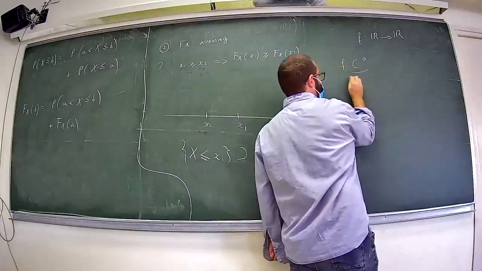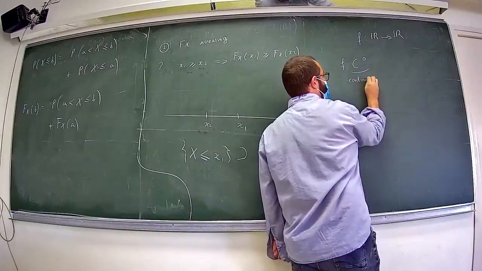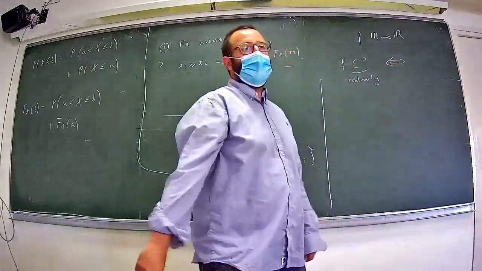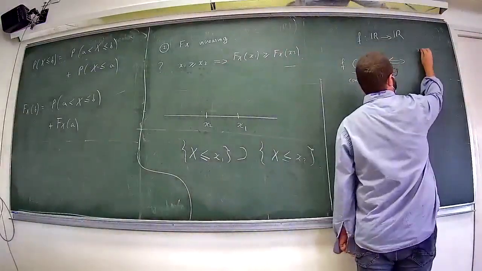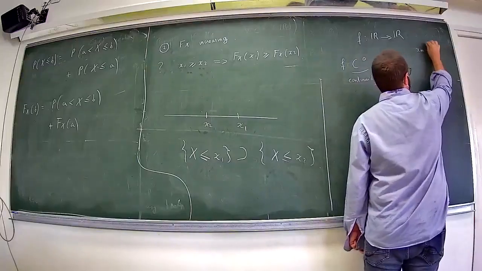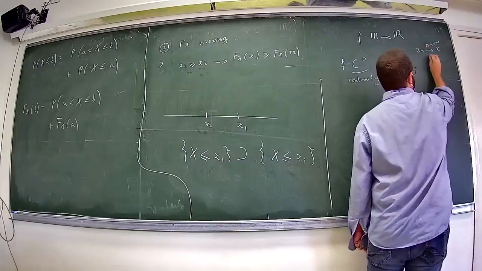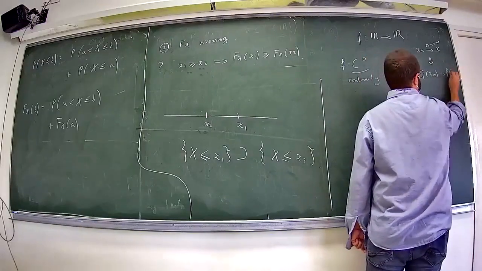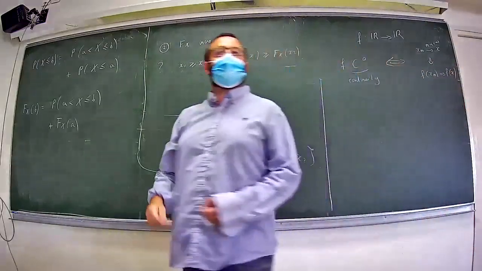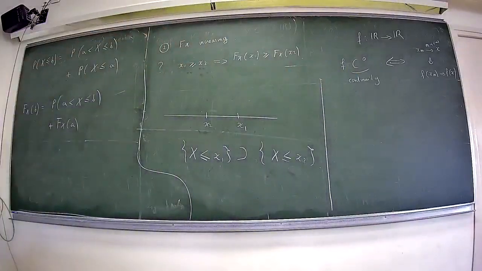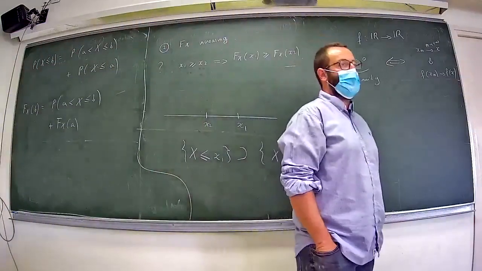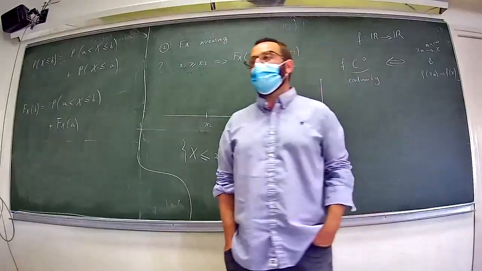Continuity, so C0 means continuity, means that anytime I take a sequence xn converging toward x when n goes to plus infinity, then f of xn converges toward f of x. The sequential definition of continuity of a mapping. F is continuous if and only if, in this situation, when I have a sequence xn that converges toward x when n goes to plus infinity, f of xn converges toward f of x.